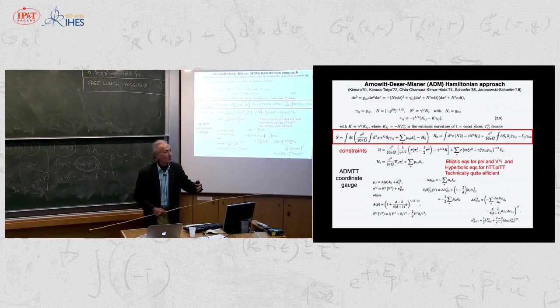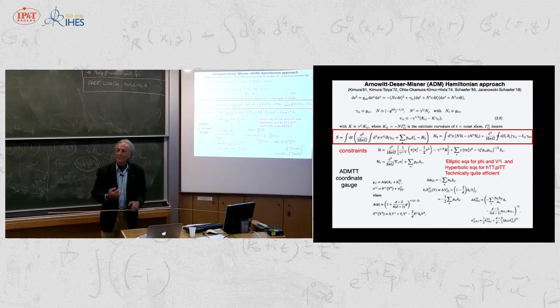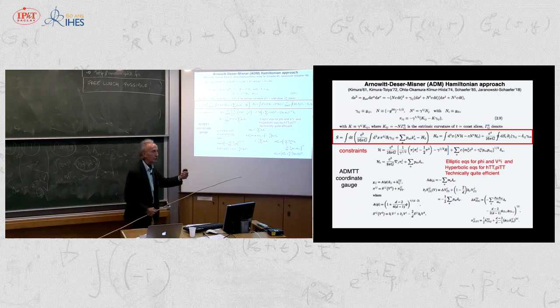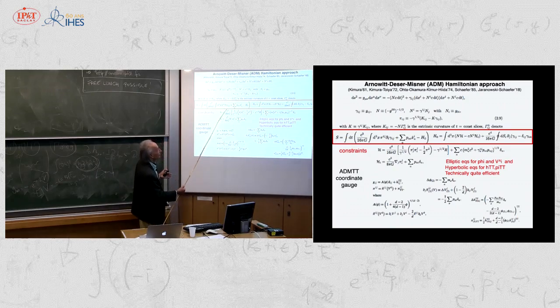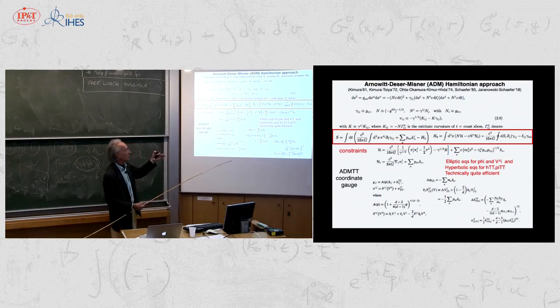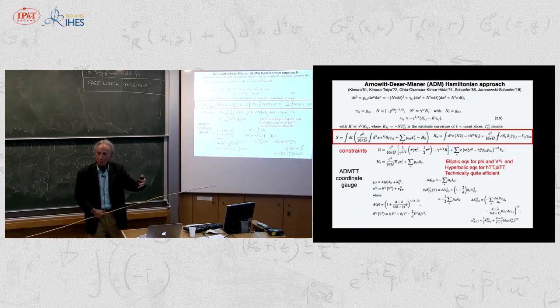So after you do that, if you solve these constraints, they give elliptic equations. So Einstein equation now becomes a set of two constraints: the Hamiltonian constraint, which is linked to the energy, and the momentum constraint, which contains the momentum of the particles, as you can see. These are essentially elliptic equations that you can solve by solving Laplace-type Green's function perturbatively.